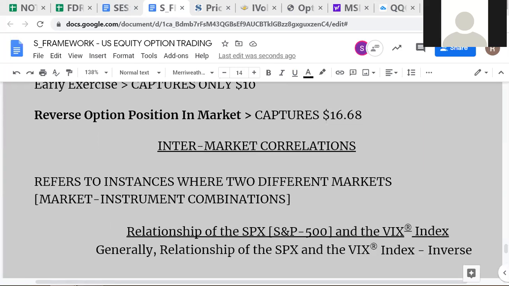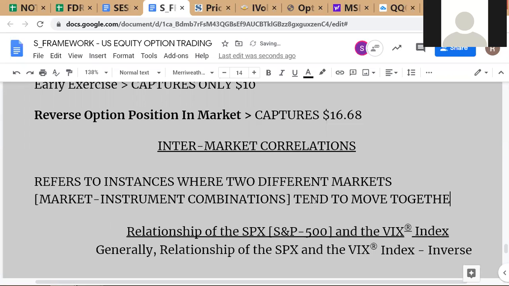Markets are always seen trading in the form of some instrument or the other: spot, futures, options, swaps. So you look at two different markets, and it refers to instances where two different markets tend to move together.